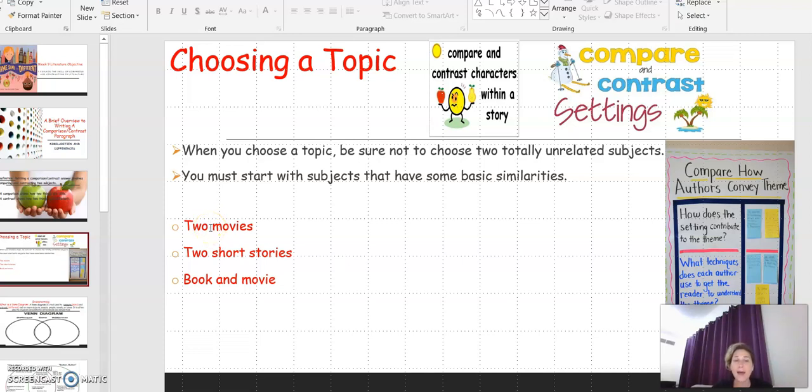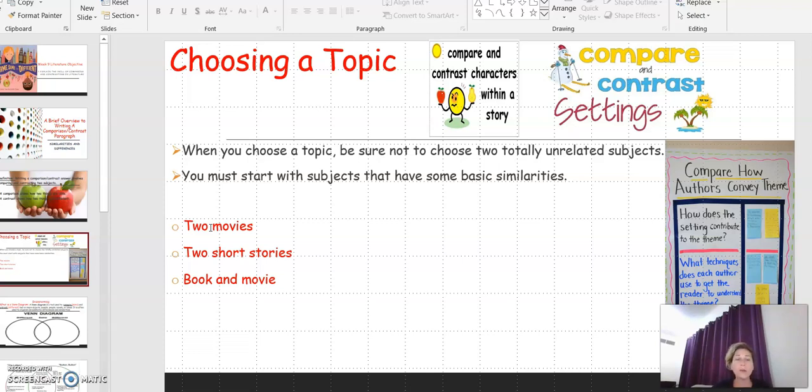You can choose the characters to compare the characters in this movie to the characters in the second movie. Or two short stories. You can choose the theme to compare how the theme is portrayed in this story and this story. And of course, both of them need to have this theme portrayed so that you'll be able to compare and contrast.